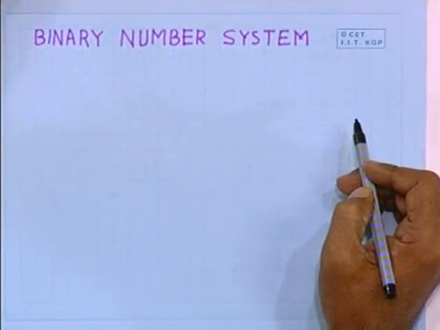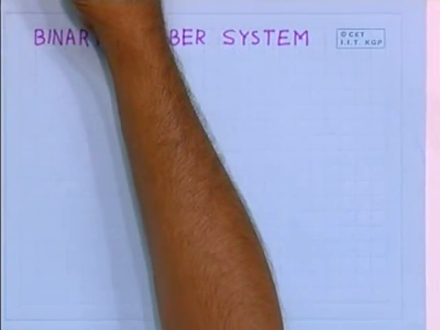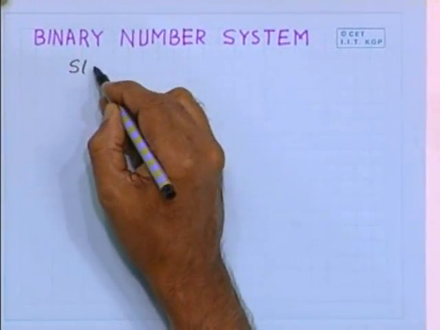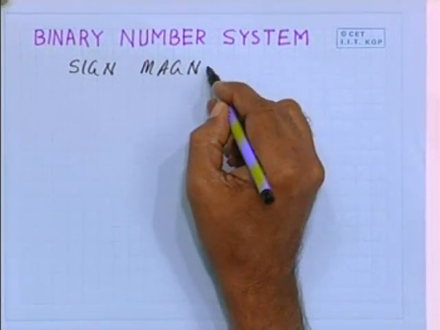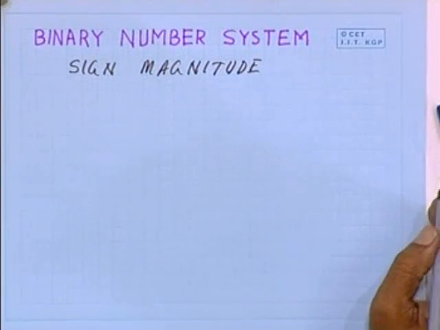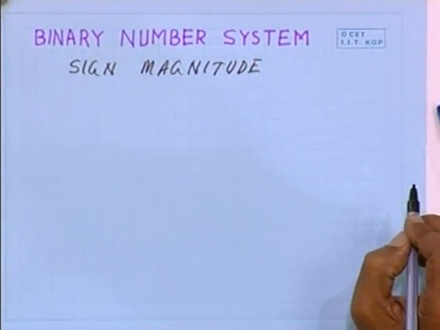And in binary number system, you can represent numbers in several ways. The simplest is known as sign magnitude, in which it has two components, sign and magnitude.